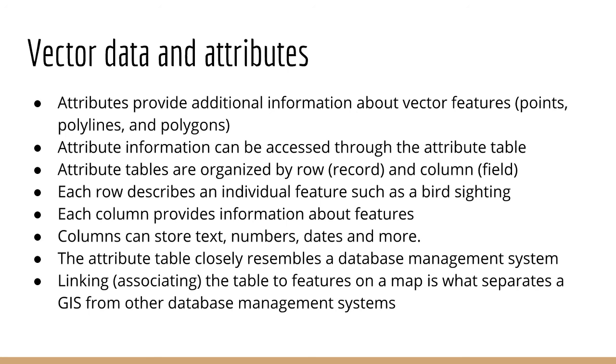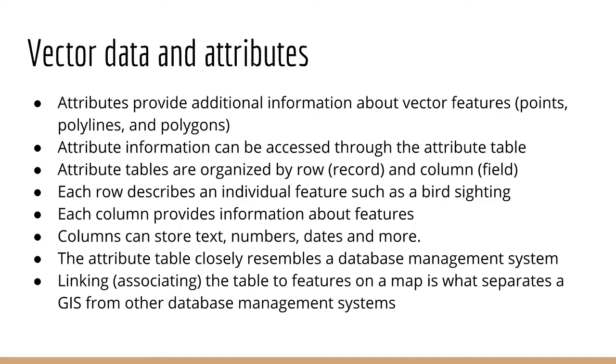Now, some more terminology, and I should have mentioned this on the first slide. When we talk about points, lines, and polygons, some more terms are used interchangeably. When we see points, lines, and polygons on a map, we refer to those as features. The features on a map. Attributes describe features on a map. That database information describes features on a map.